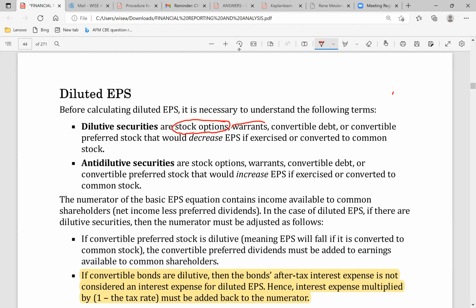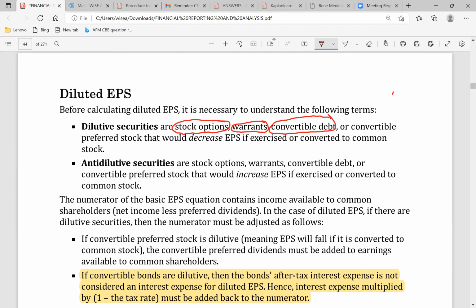It doesn't mean that there will be an actual dilution. Warrants will also lead to dilutive earnings per share. Convertible debt, convertible loan notes, where the holder has the option to convert to shares, is also dilutive, and so is convertible preferred stock. Some preference shares are convertible from preferred status to common status.